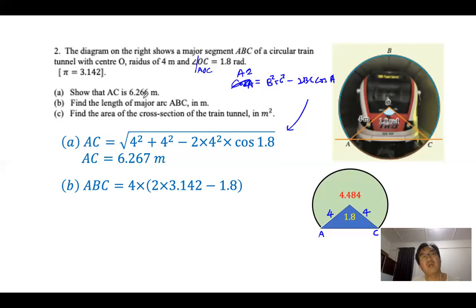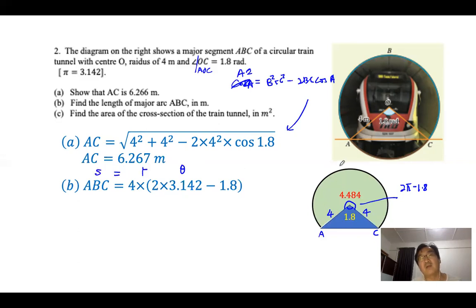We want to find the length of major arc ABC. So we know that this angle here is 1.8. So the major angle, you just use 2 pi minus 1.8. Therefore, you can see here, this angle is theta, and this is r theta, because s equals r theta.